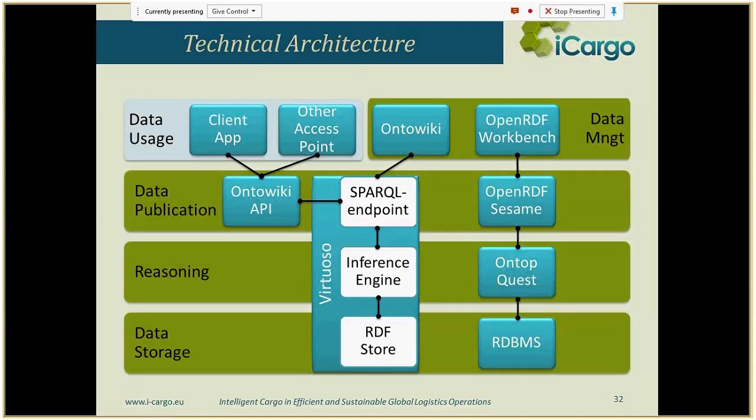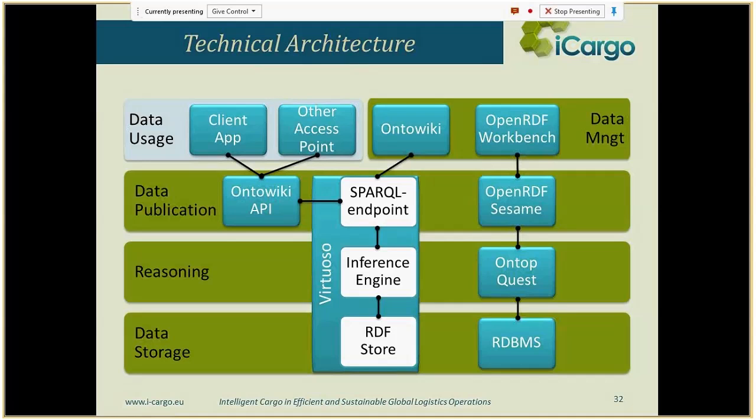Okay, I'll move on to the technical architecture, the technical components. So the nice thing about using standards is that there are several implementations of these standards, so we can take some off-the-shelf semantic web technology to build up our access point.